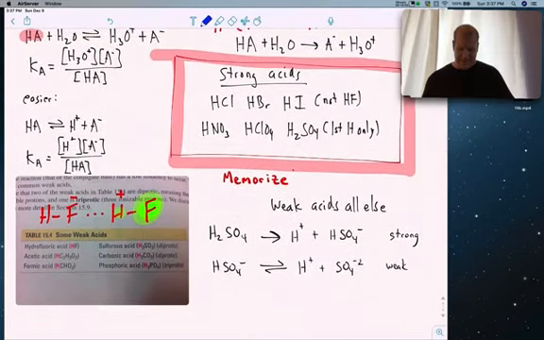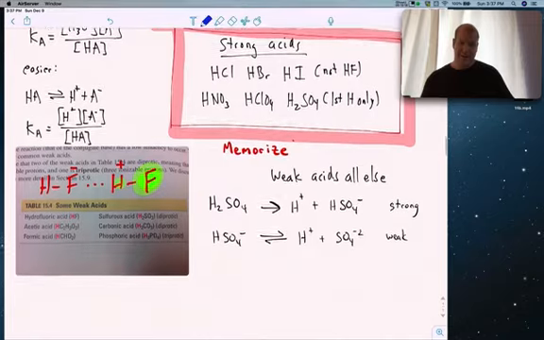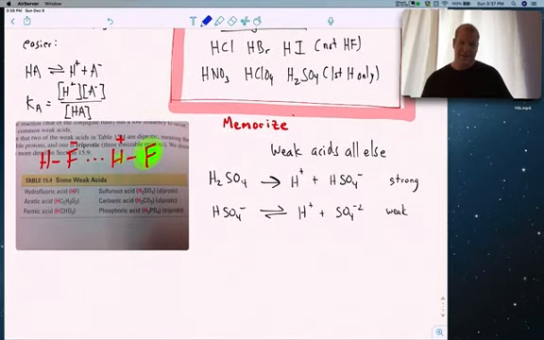And like I said, memorize these strong acids. One thing with sulfuric, it's a diprotic, 2 protons. The first one is the only one that's strong. The second one is a weak acid, so keep that in mind. And some weak acids, hydrofluoric is a weak acid. The reason why it's a weak acid is because it tends to form a dimer.